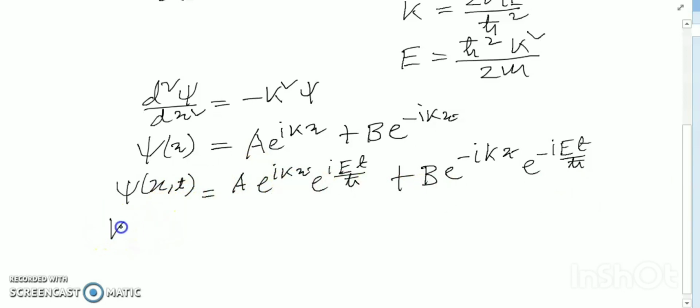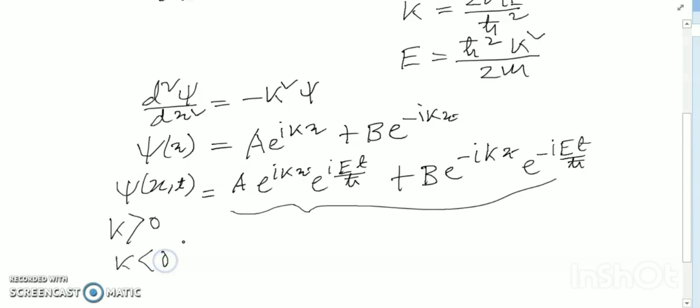So when k is greater than 0, we get these equations. There are just three cases: k equal to 0, k greater than 0, and k less than 0. And when k is less than 0, we can write psi of x comma t. Please check my differential equations video, because I have already solved this kind of problem. Then this term is 0.